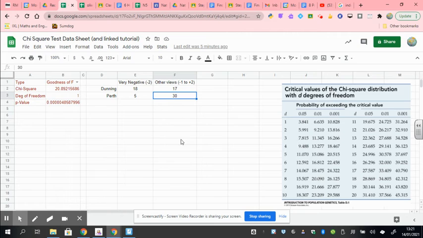The first thing we need to do when conducting a chi-square is you must formulate what we call the null hypothesis.